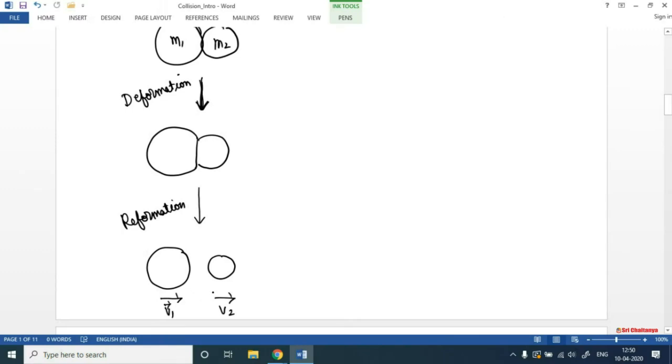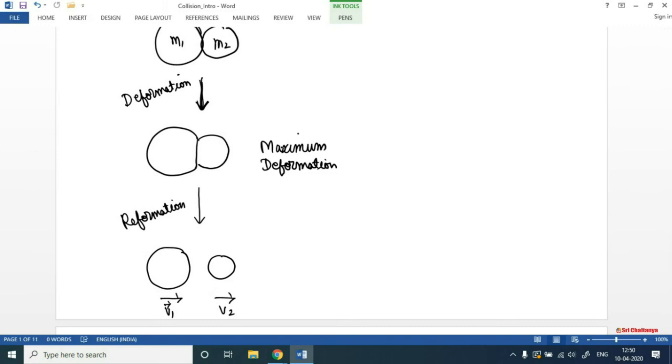And let's say the middle one is the state of maximum deformation. When the deformation is maximum, the loss in kinetic energy would be maximum.